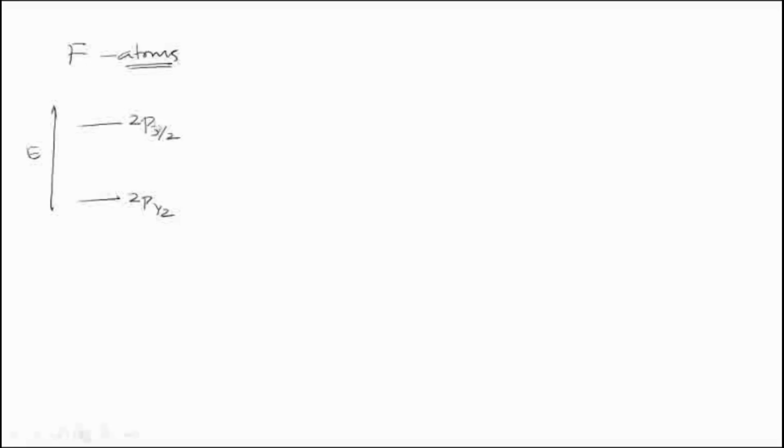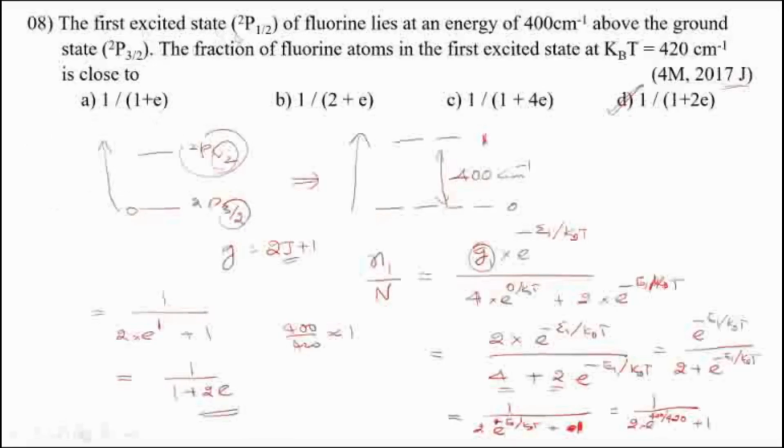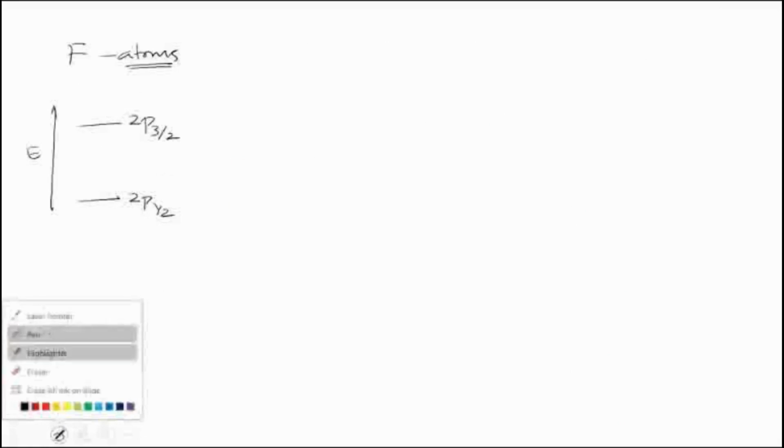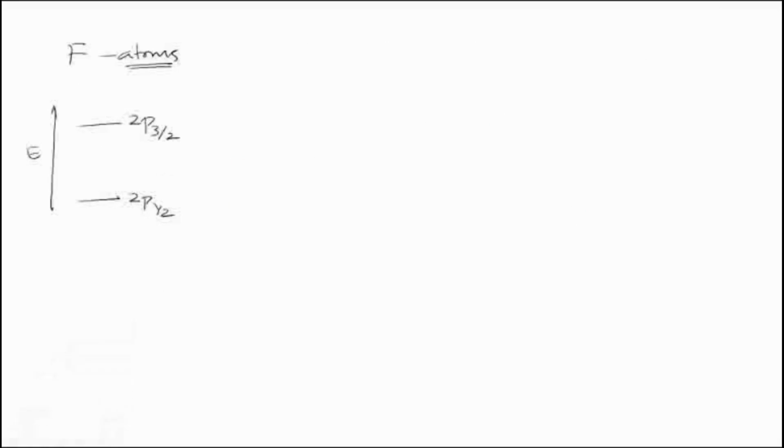Am I right? Excited state doublet P 1/2, ground state doublet P 3/2. Okay, I'm sorry, I made a mistake. I'll change it. Excited state is doublet P 1/2, ground state is doublet P 3/2. This information is given.